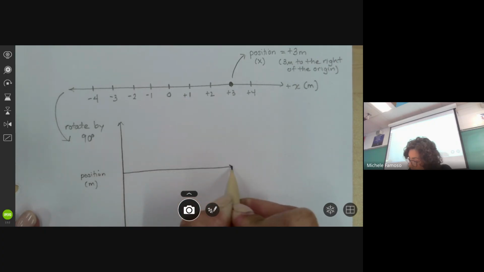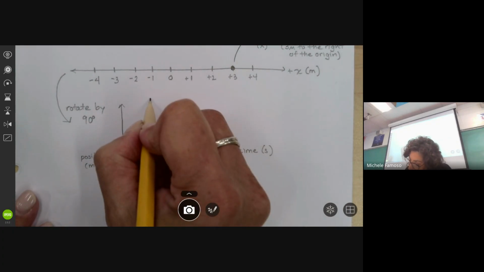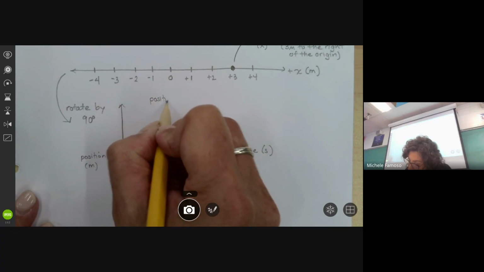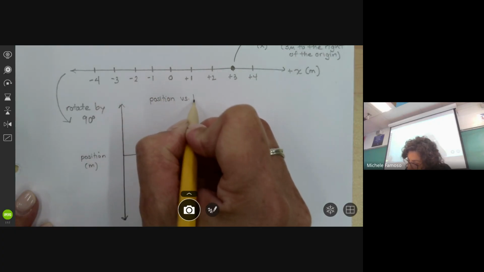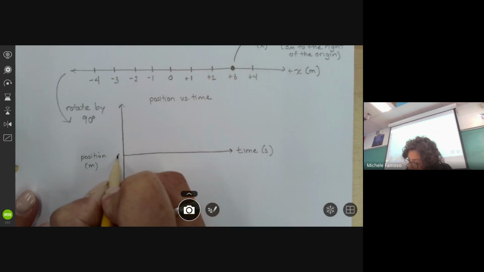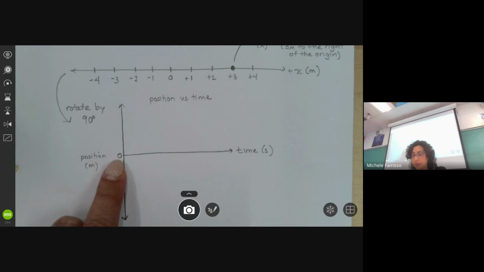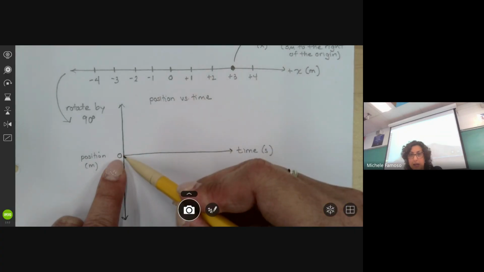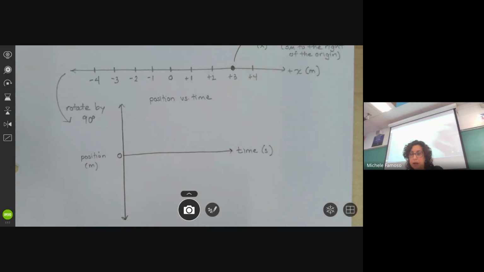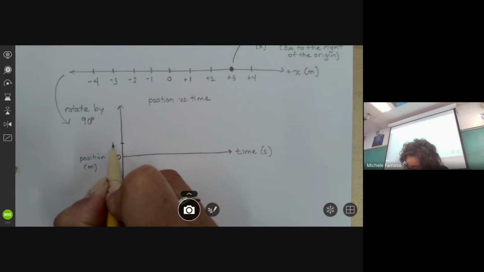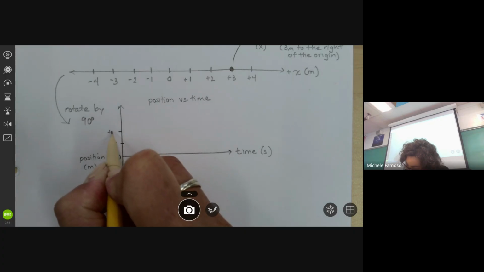Here's my horizontal axis with the time in seconds. So the title of this graph would be position versus time. And that is my origin right there. This position is right here.